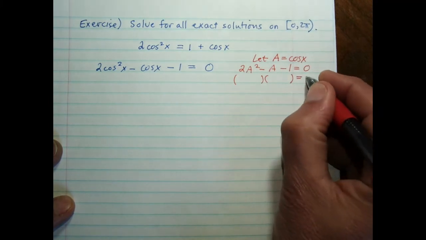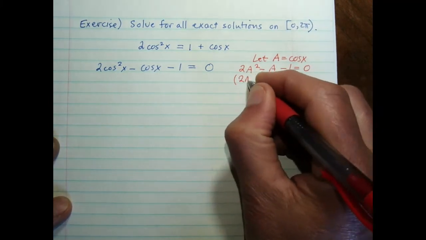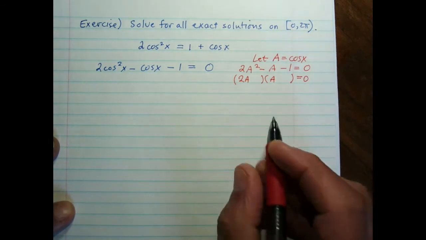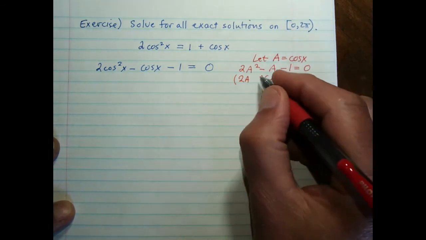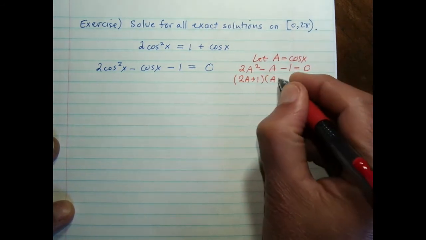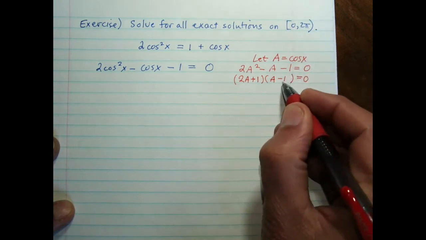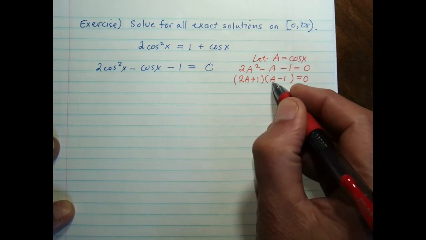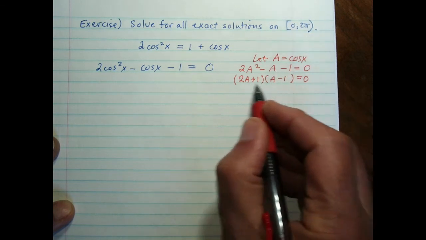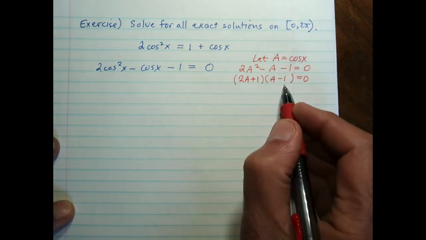Let's see. 2a and a, and I'm going to have, let's see, if I write plus 1 minus 1 to get negative 1, check the outside, negative 2a plus 1a is negative a. That actually works as factoring.